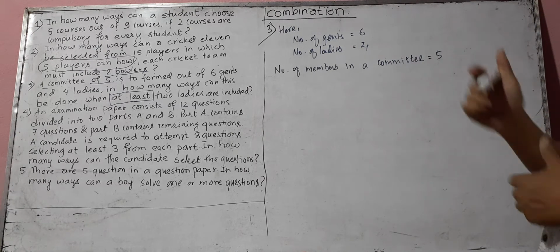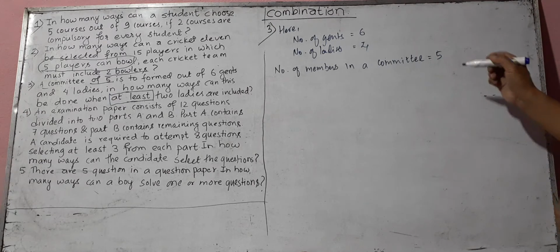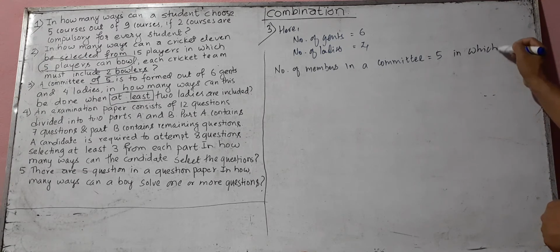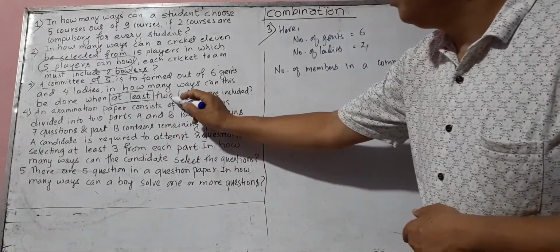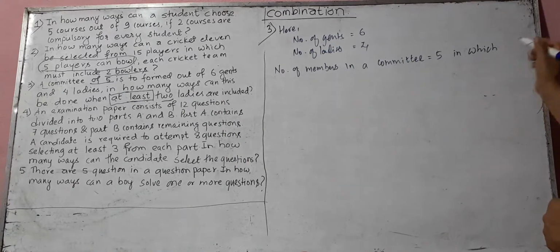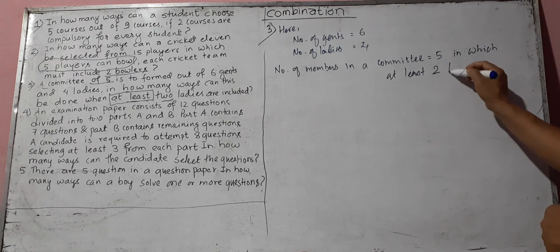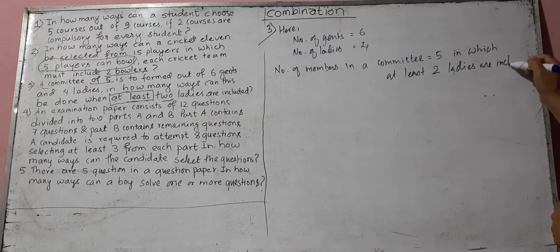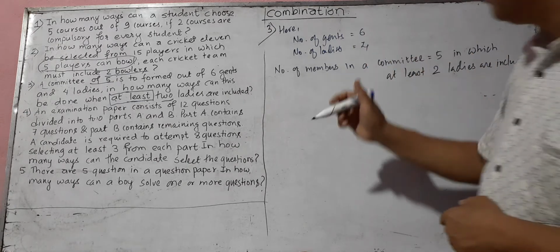We have to select the committee of 5, in which we have the condition that at least 2 ladies are included. This is given in the question.